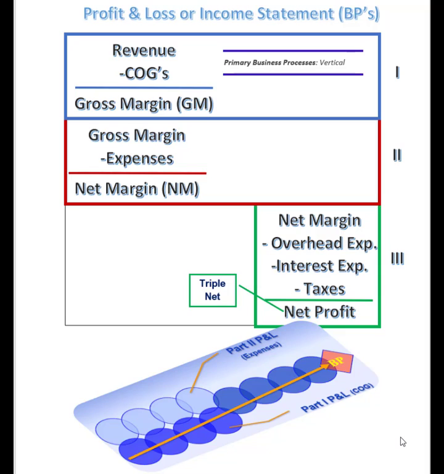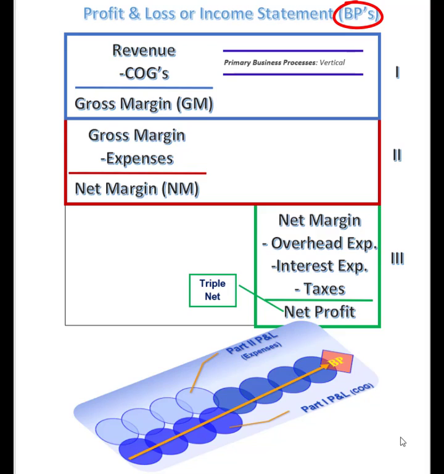Now that we understand the P&L responsibility and which area of the profit and loss statement falls in, the next step, the next area of interest is to associate the business processes of a corporation.